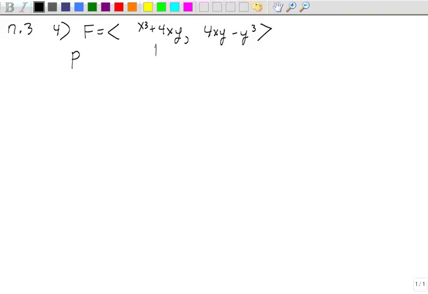P and Q are both continuous here. So P with respect to y is 4x, and Q with respect to x is 4y, and they're not equal. So F is not conservative.